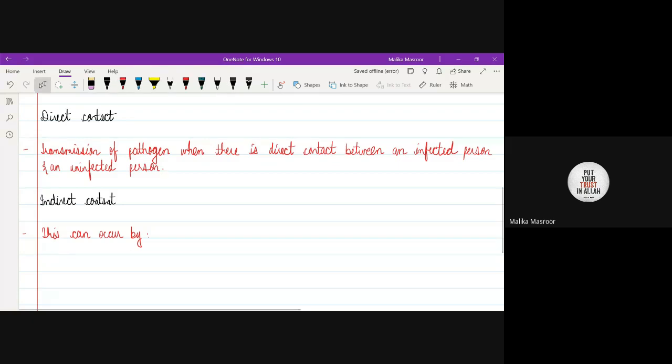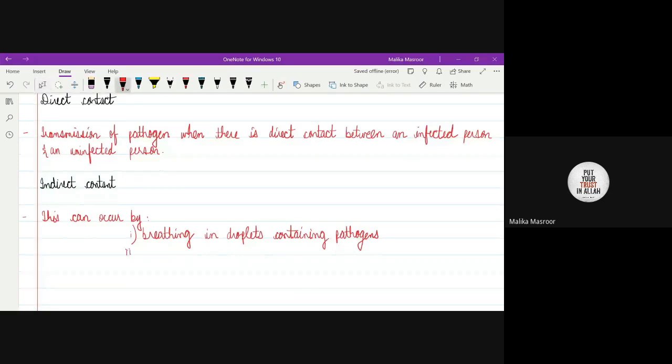Firstly, breathing in droplets containing pathogen. Second, touching a surface contaminated with pathogen, which got contaminated obviously when the infected person touched it.